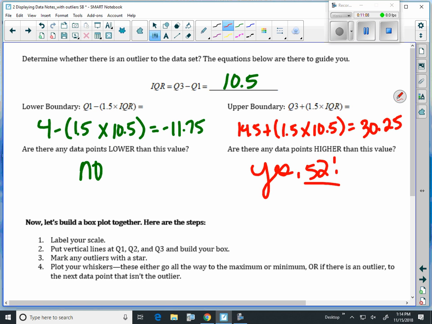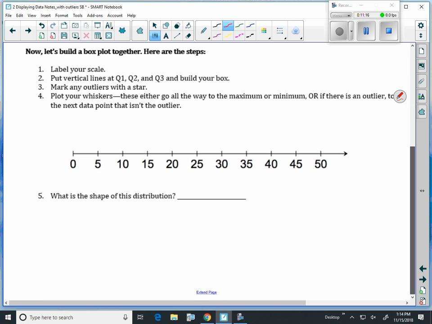Okay. Questions so far? I'm going to show you how to make the box plot. Questions before we do that? So here's how you go about that. We have our steps here. It says label your scale. It's already done for you. Put a vertical line at Q1, Q2, and Q3.